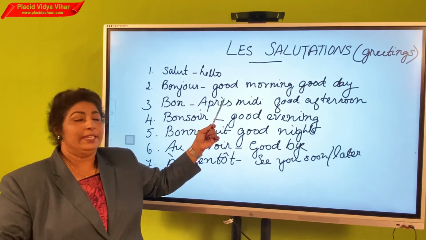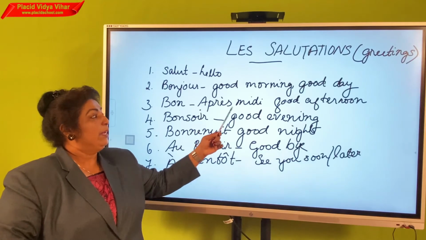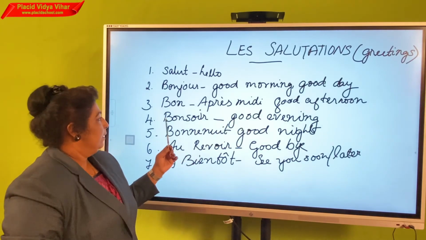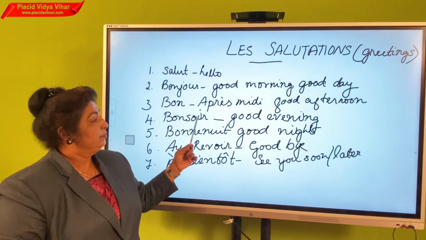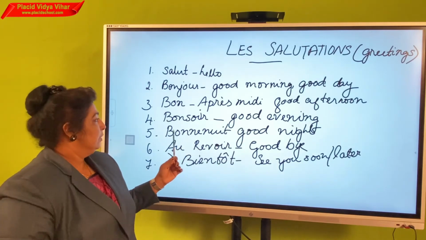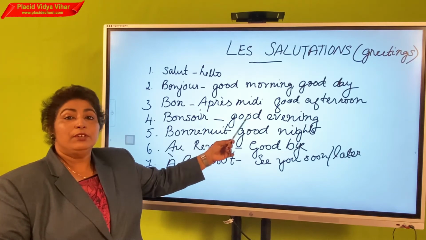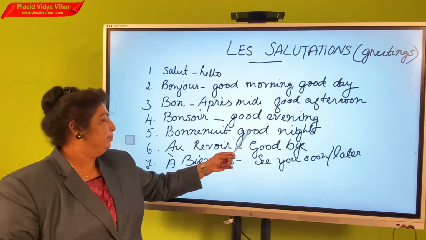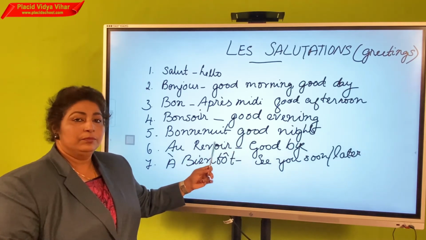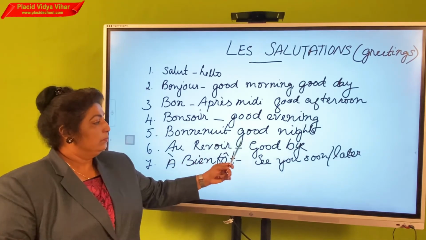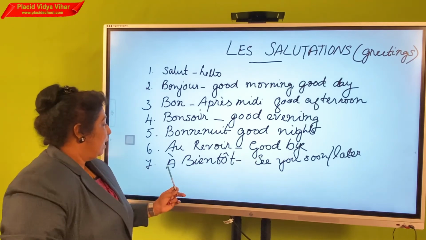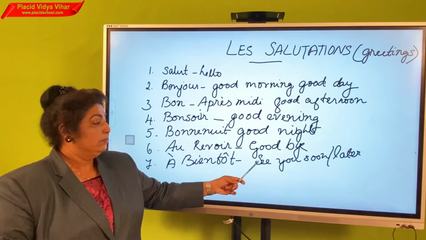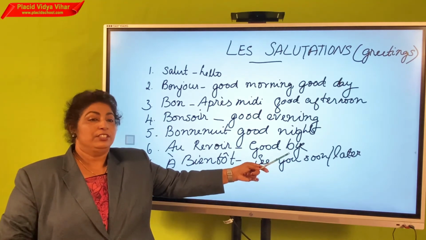So there is no linking. Bon après-midi means good afternoon. Bonsoir, good evening. Bonne nuit, good night. Au revoir, goodbye. À bientôt, see you soon or see you later.